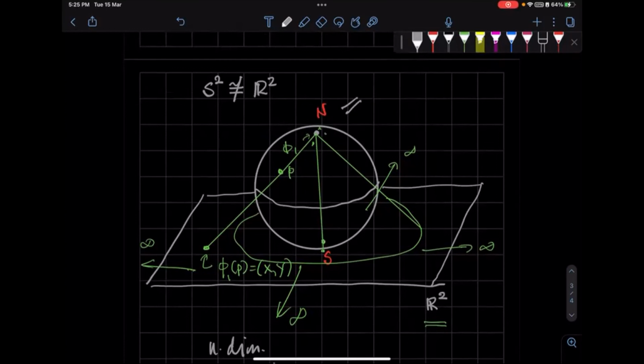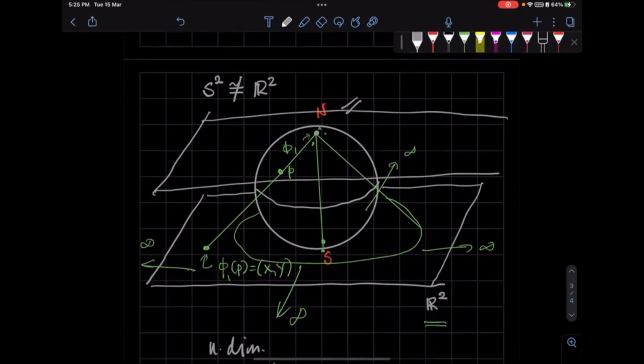Okay, so we can fix this. We can think of another map, say another R2, which sits on top. Now the R2 touches the North Pole.